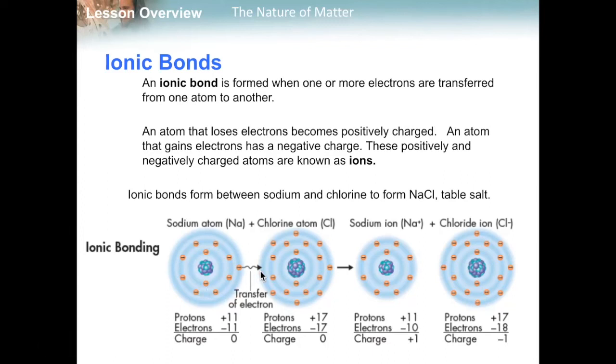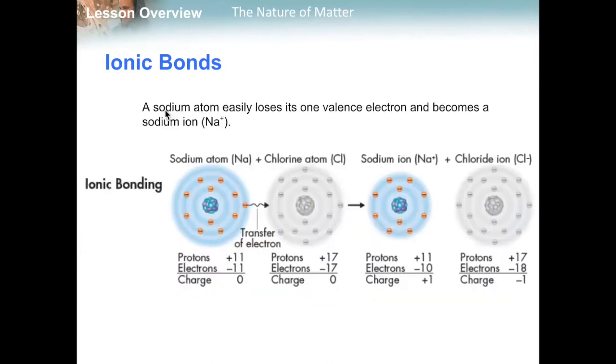So it transfers an electron, and that makes 8 on the outside and 8 on the outside. It makes it balanced on the electron orbits, but it's missing one. It has a positive charge, and the other now has an extra electron and a negative charge, so they attract each other. Opposites attract. A sodium atom easily loses its one valence electron and becomes a sodium ion, Na+.